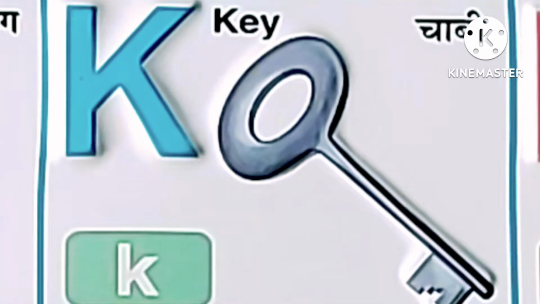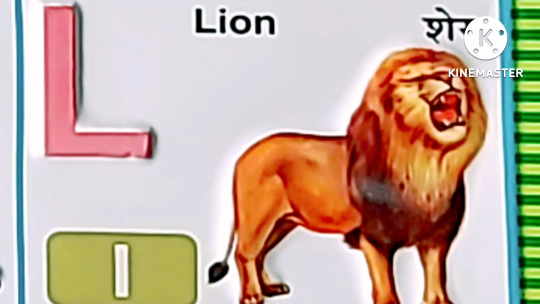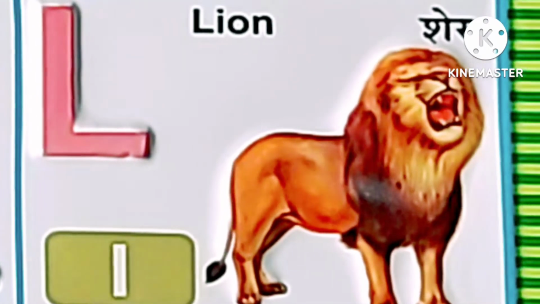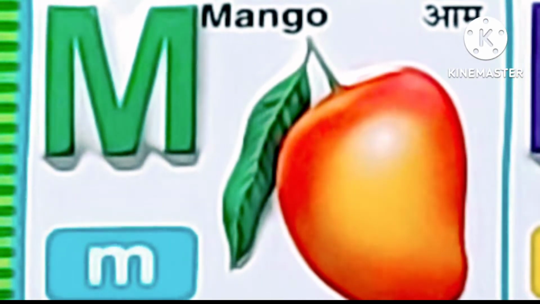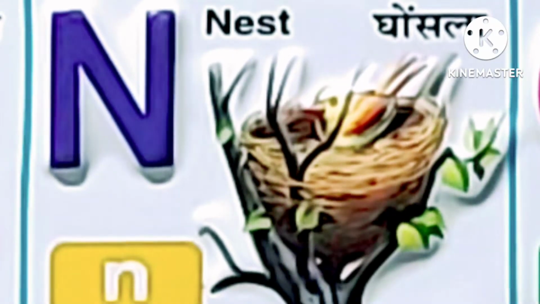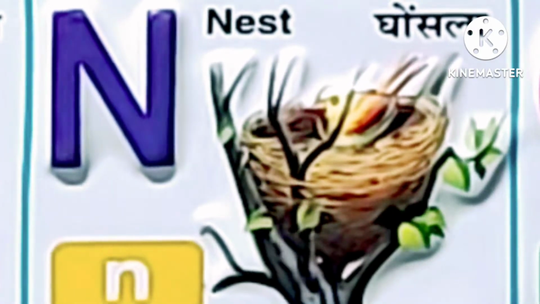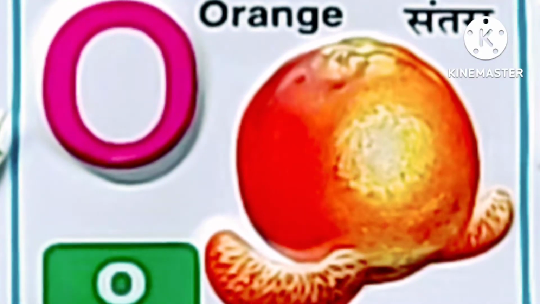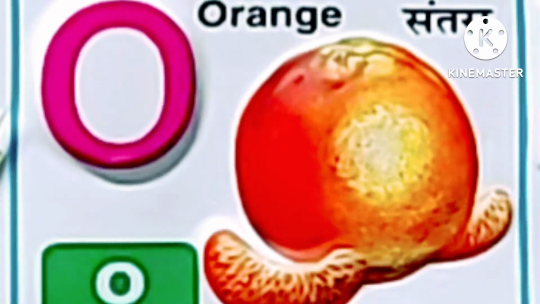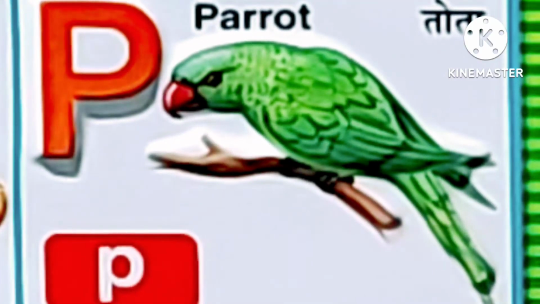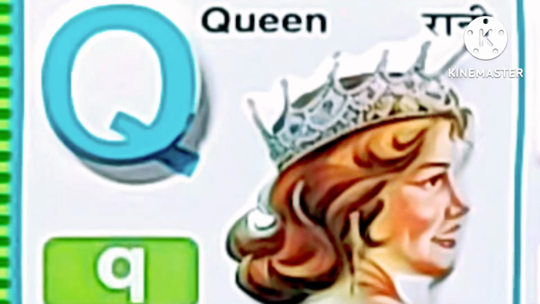K for key. L for lion. M for mango. N for nest. O for orange. P for parrot. Q for queen.